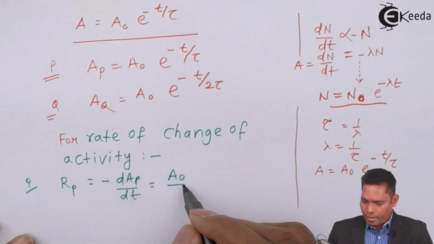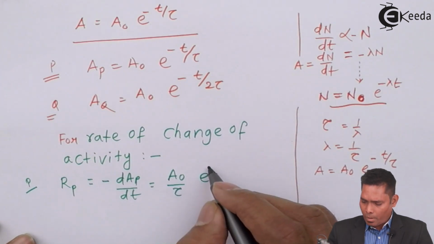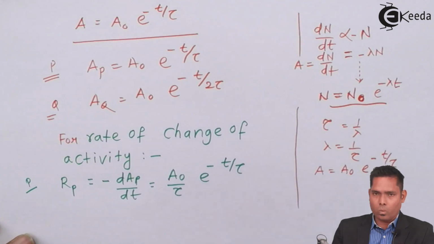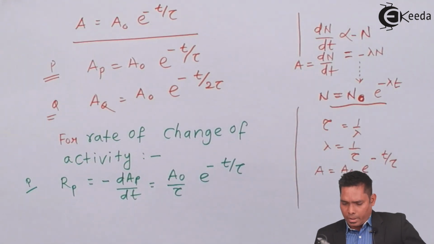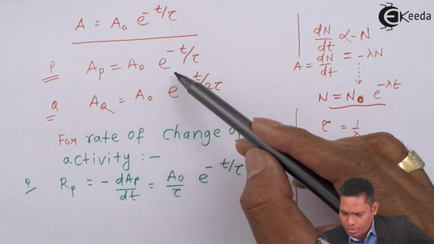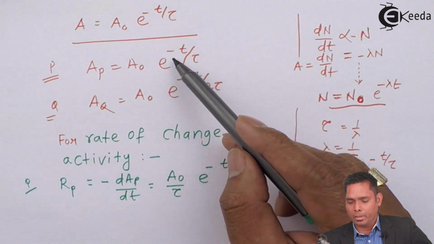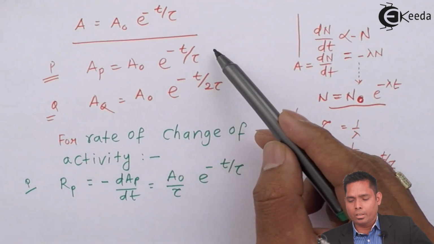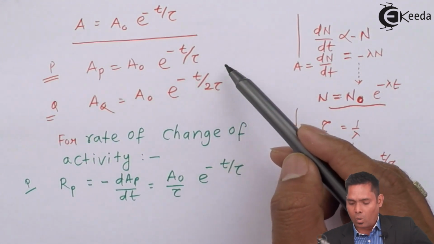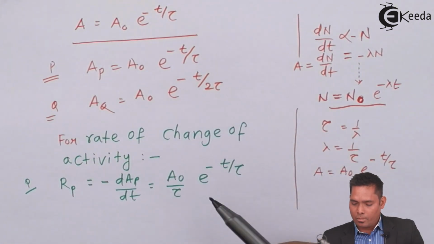If I differentiate this equation with respect to time, then I will have A naught by tau e raised to power minus t by tau, because A naught will be there, and the derivative of this function is e raised to minus t by tau, and the derivative of the exponent is minus 1 by tau. So tau will be there, and this becomes positive.